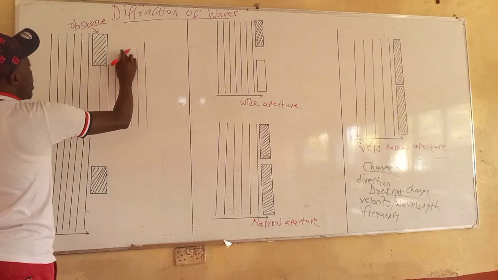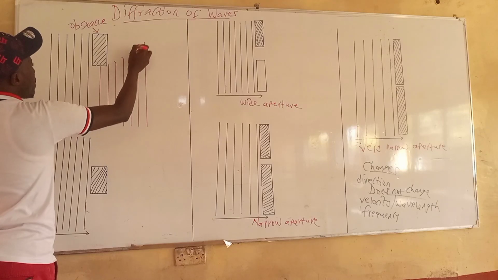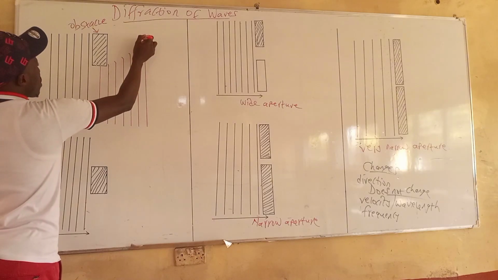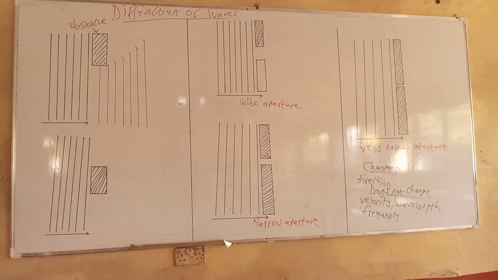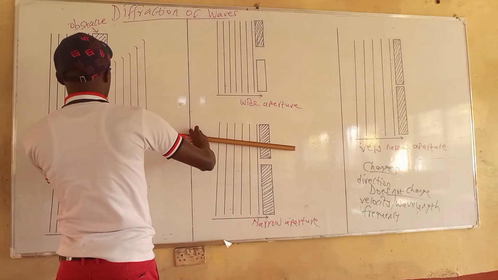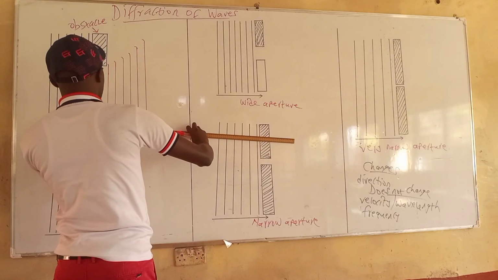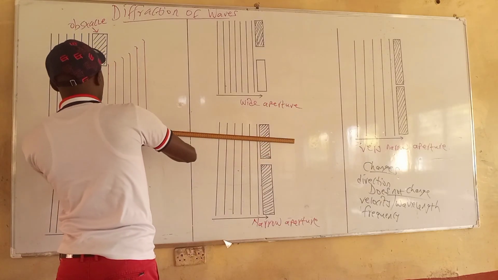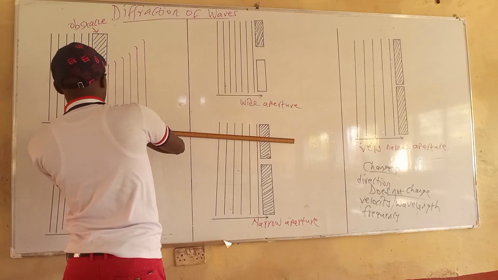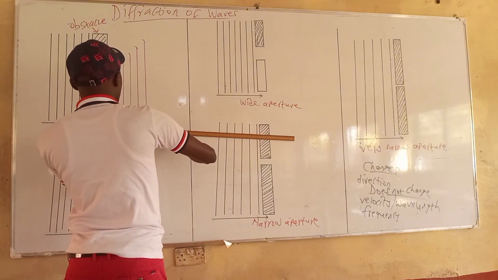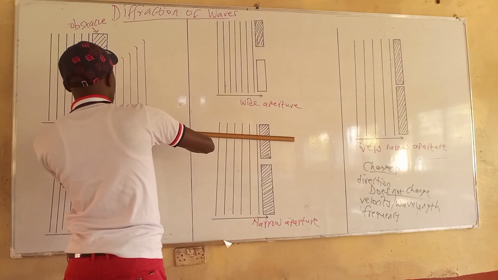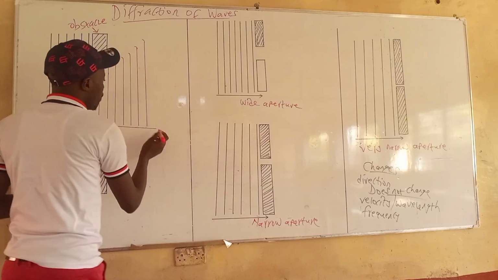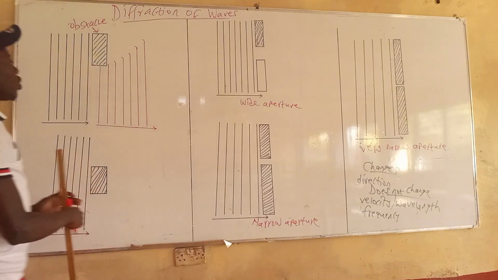Each wave is slightly curving as a result of the influence from the obstacle, and the wave is still moving in the same direction that the incident wave had. That is the direction of that wave.